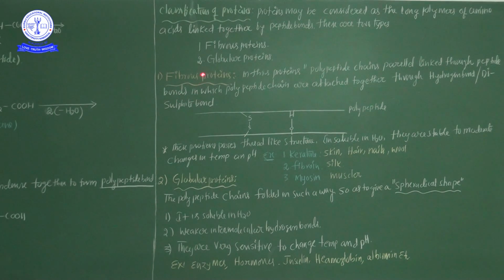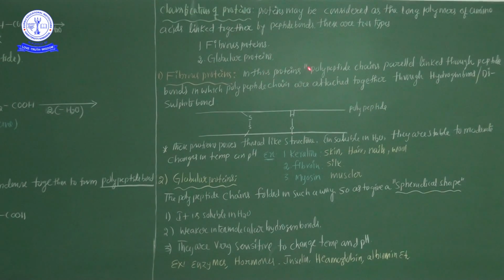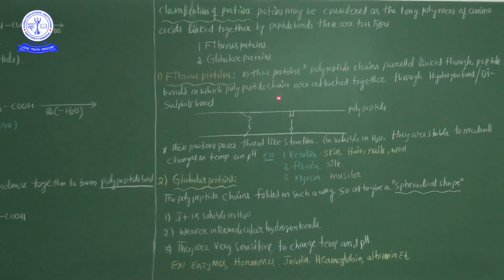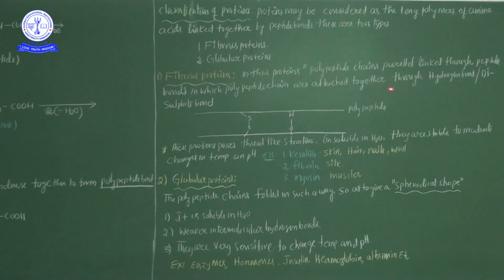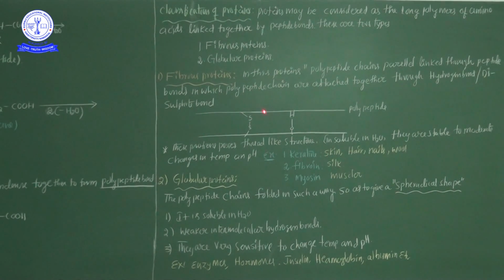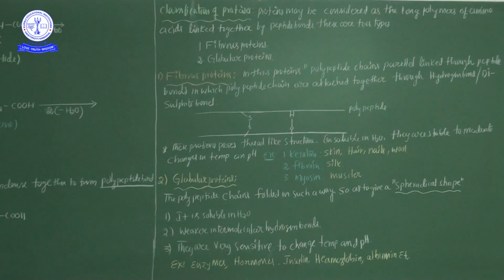First of all, fibrous proteins. In this type of protein, listen carefully, polypeptide chains are linked parallelly through peptide bonds, in which polypeptide chains are attached through hydrogen bonds or disulfide bonds. Very important point: in fibrous protein, strong intermolecular hydrogen bonds are present.